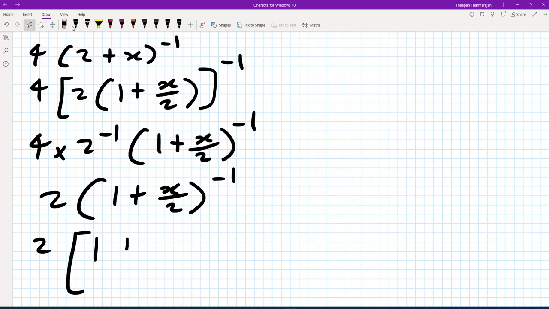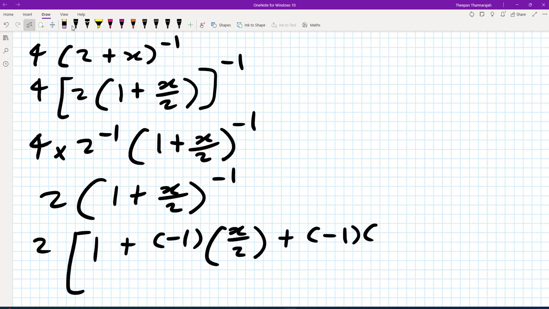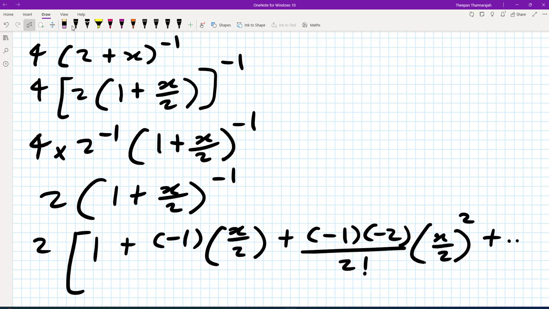So it's 1 plus minus 1 times x over 2 plus minus 1 times minus 2 over 2 factorial, x over 2 squared, plus other subsequent terms.